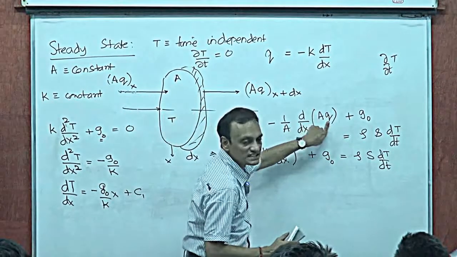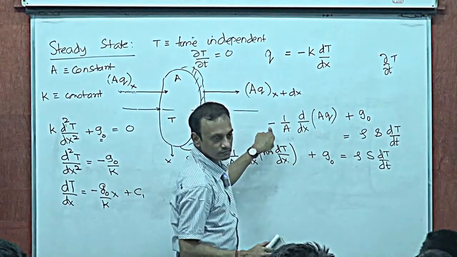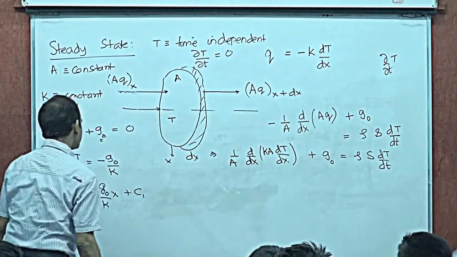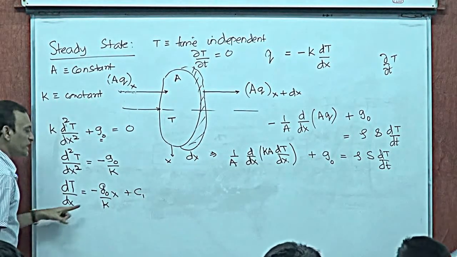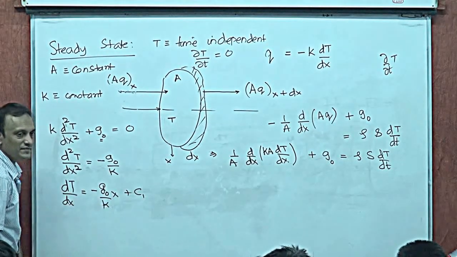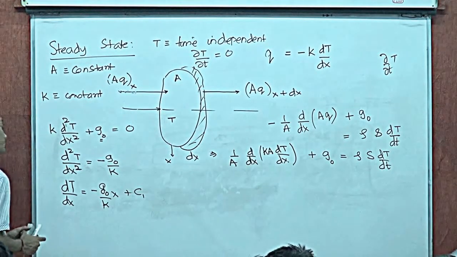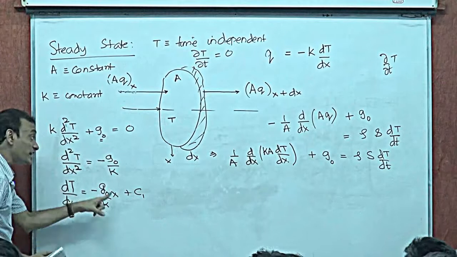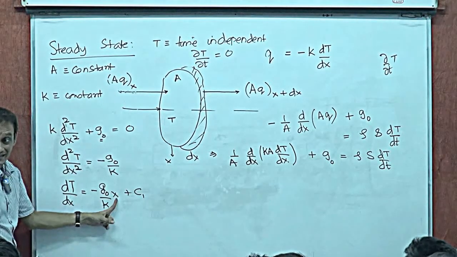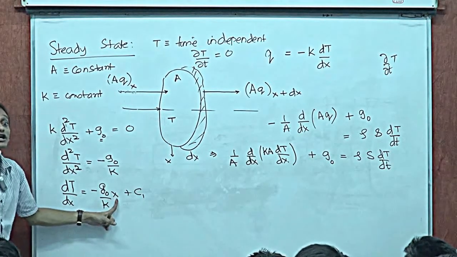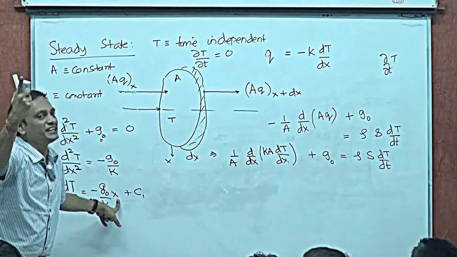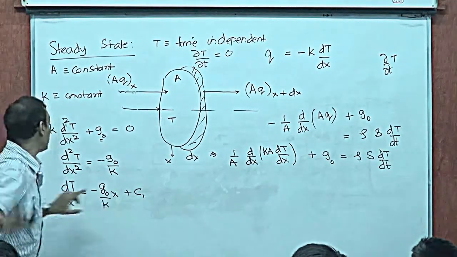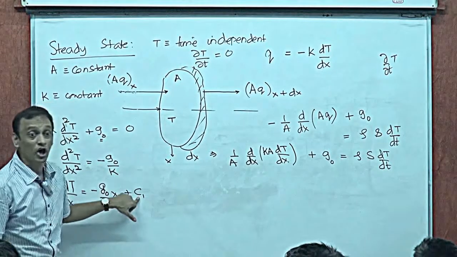Q is minus k dT dx. That's why this minus sign. So dT dx is minus g naught by k x plus c1, right? So I get the temperature gradient as a function of x. That means the temperature gradient is a linear function of x. However, if there was no internal heat generation, then dT dx would have been a constant.